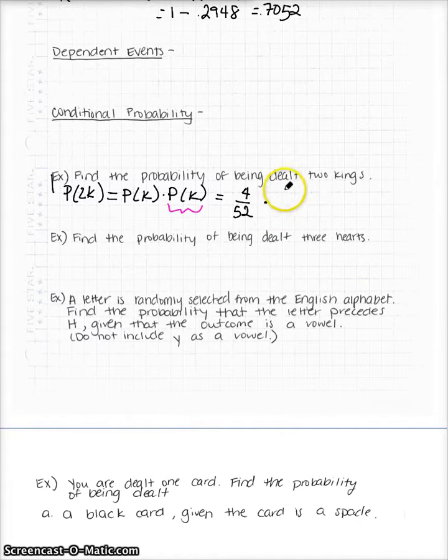Well, if I've already gotten one of them, there's only 3 remaining. And I've already been dealt one card, so there's only 51 cards left. This fraction simplifies to 1 over 221, or as a decimal, 0.0045.